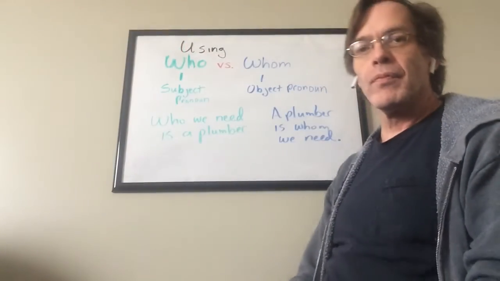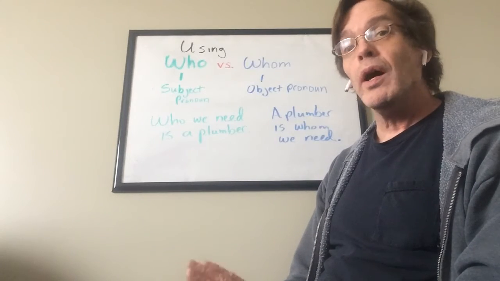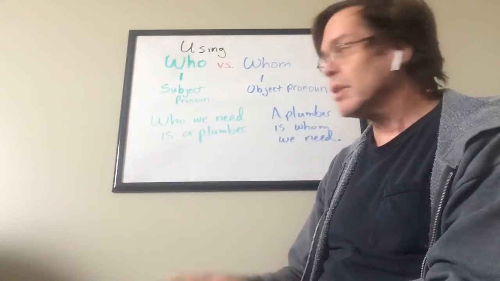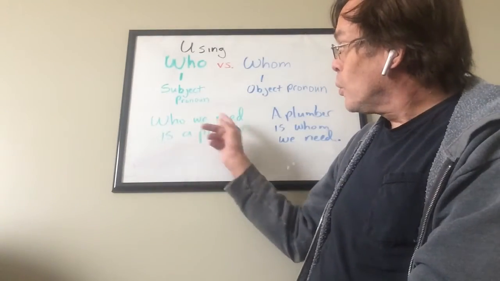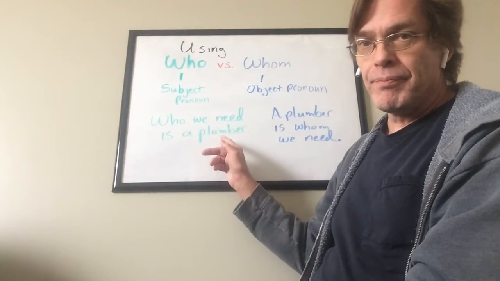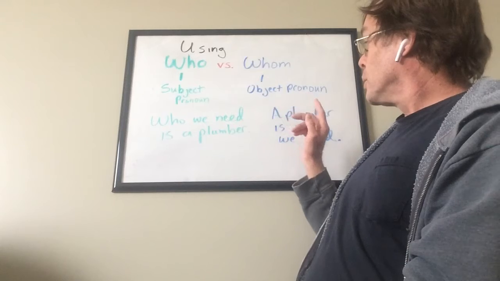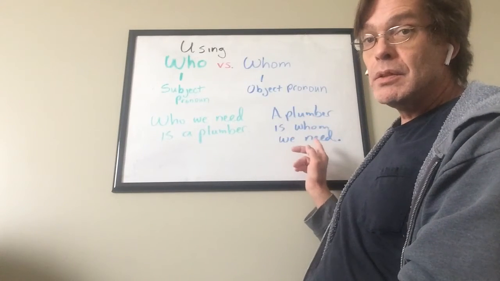Okay, this is how you would use who and whom in a sentence that is not a question. For example, for who, we need is a plumber. For whom, you could say a plumber is whom we need.